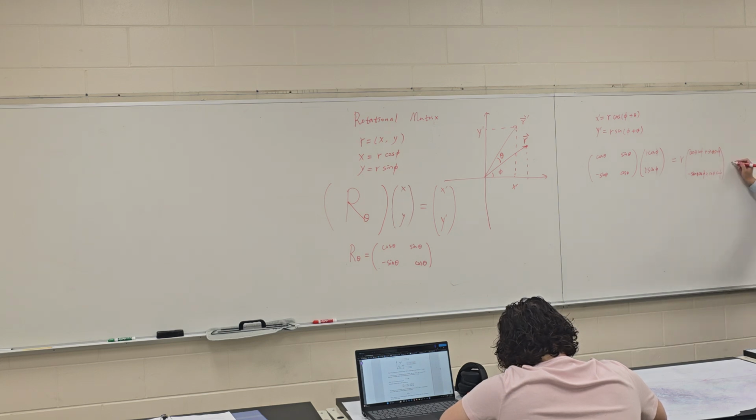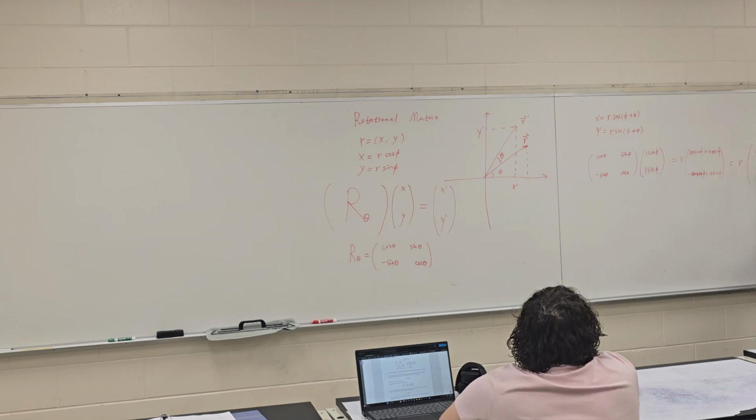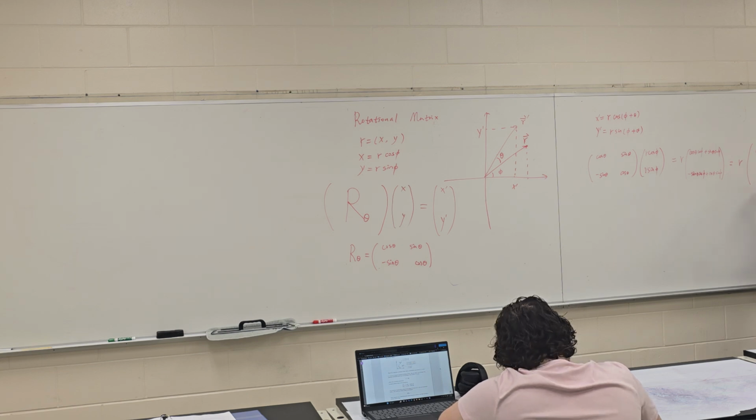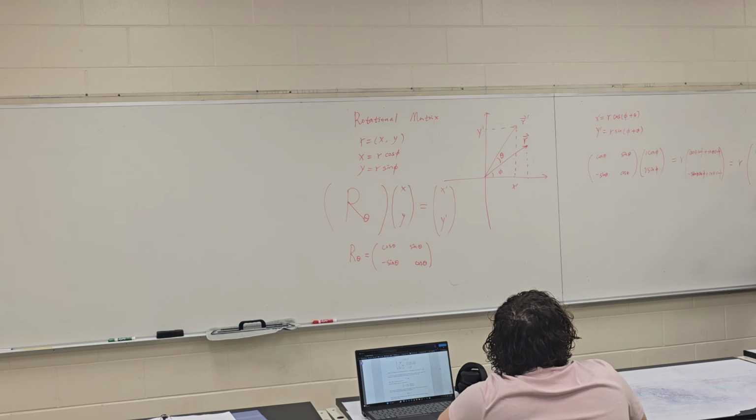Okay. So I might need to change it. So this is R. I'm pretty sure this one is cosine theta plus phi. So is this one sine theta plus phi?